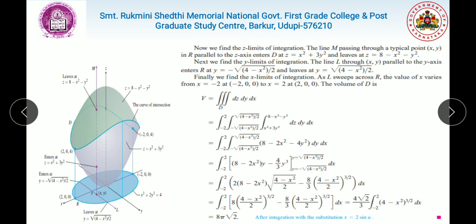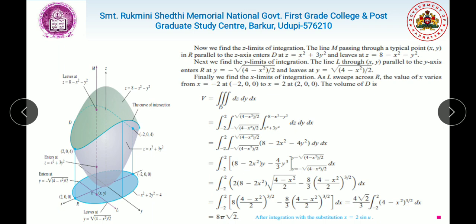Now when you integrate with respect to y, 8 minus 2x square is a constant, so its integral is 8 minus 2x square into y, and for the integration of minus 4y square, minus 4 is a constant and the integration of y square is y cube by 3. Then put the limits for y and simplify.